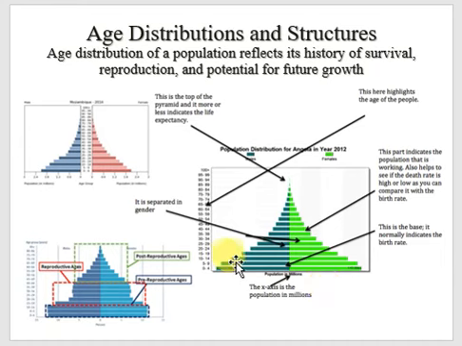Now, there are 3 levels in these structures. There are 3 age or reproductive levels that are shown. Usually the population is divided into pre-reproductive, which is your lowest stage, reproductive, and then post-reproductive stages.